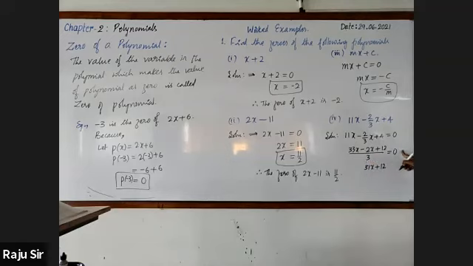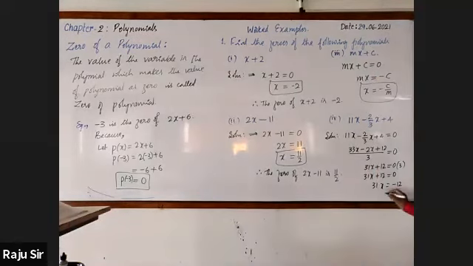Cross multiply. 3 into 0 is 0. And write it one more step. 31x plus 12 is equal to 0 into 3, which is 0. 31x is equal to, transfer 12 to the right hand side. It becomes minus 12.